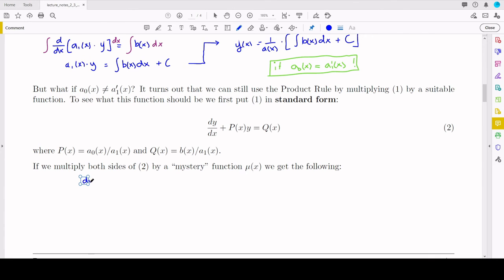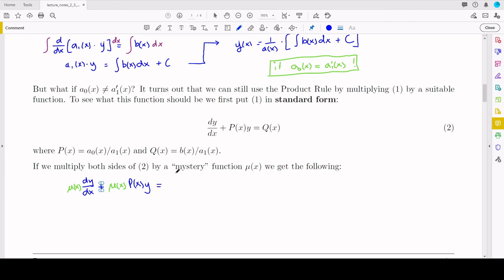We have our dy/dx, and we're going to multiply that by our mystery function mu of x, and then we're going to multiply our mu of x times p of x, and then we still have our y here.